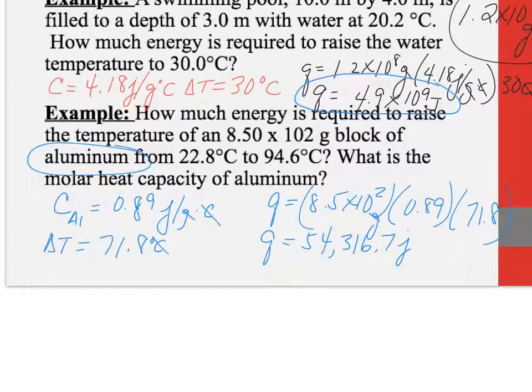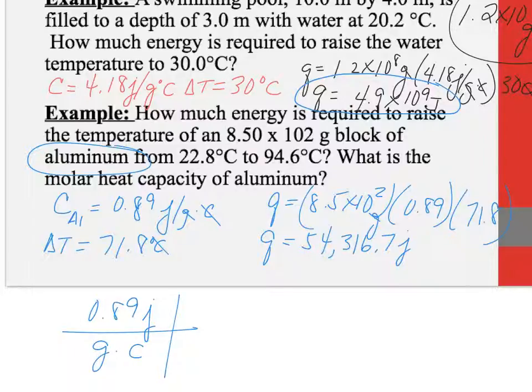The second part of the question says, what is the molar heat capacity of aluminum? We know the specific heat is 0.89 joules per gram dot Celsius.